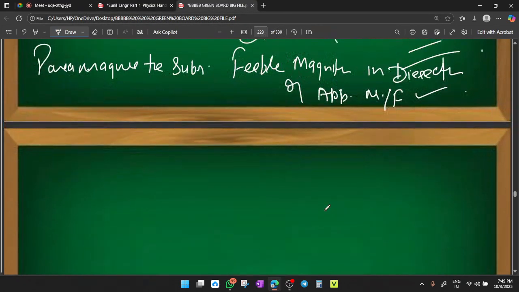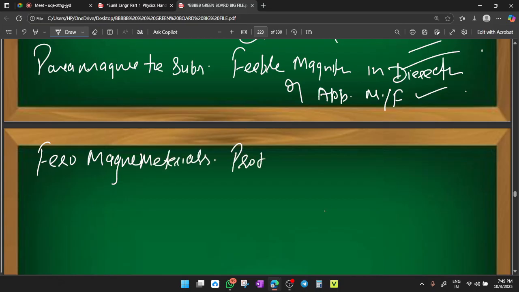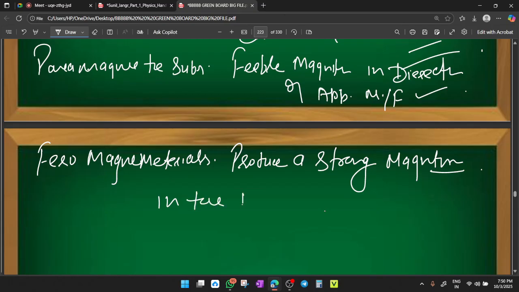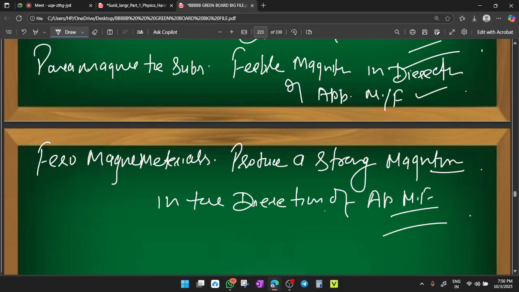So ferromagnetic materials produce a strong magnetism in the direction of the applied magnetic field.